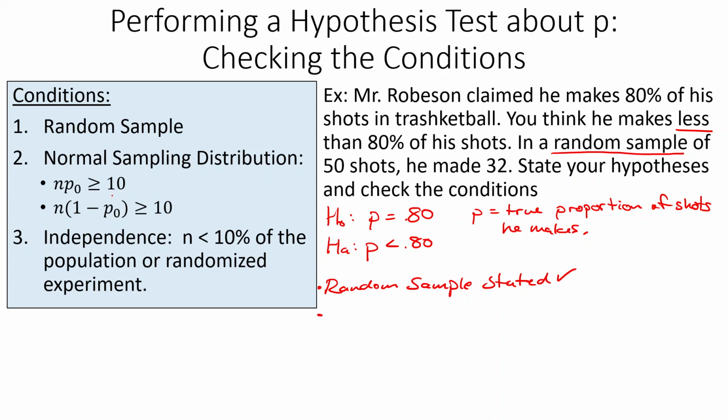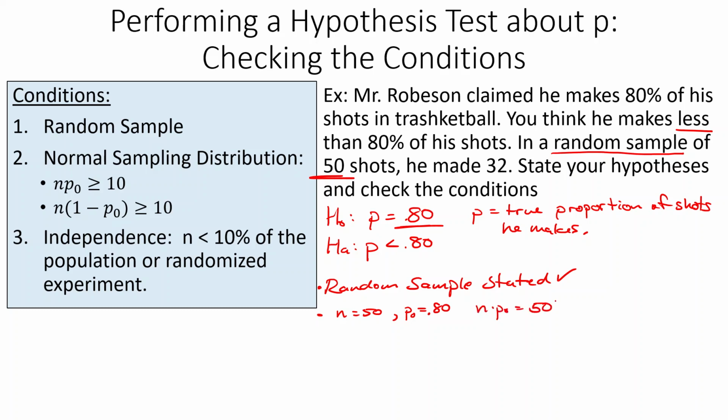Next one, number 2, our normal sampling distribution. So our p naught is this guy right here, 0.80, and our n is 50. So n is 50, p naught equals 0.80. We're going to check these 2 conditions. First we need n times p naught.